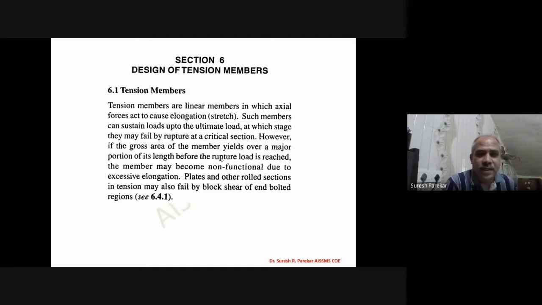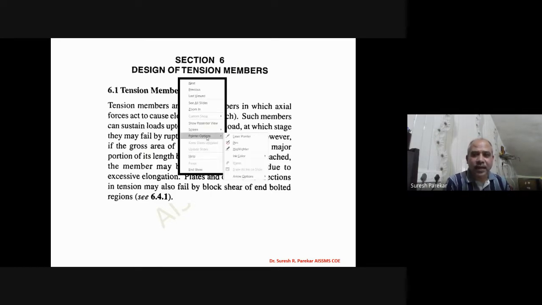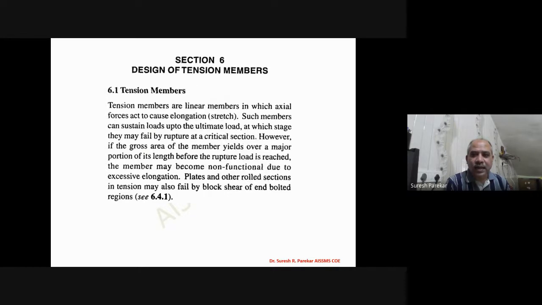Now we have this section 6, which deals with tension members. And here they have mentioned, if you read this clause carefully, that such members can sustain loads up to the ultimate load, at which stage they may fail by rupture.